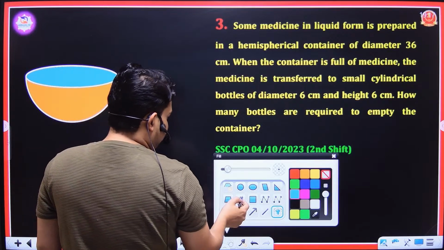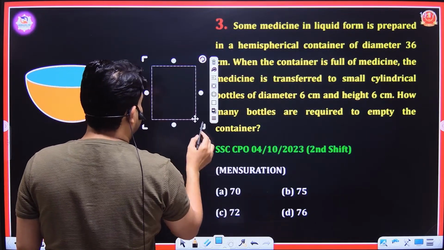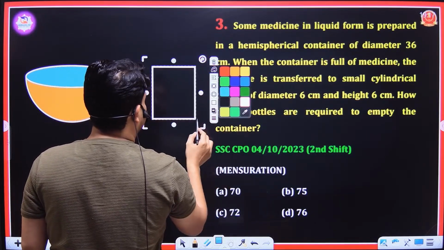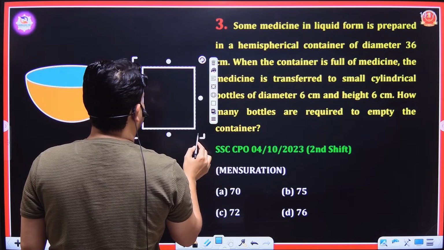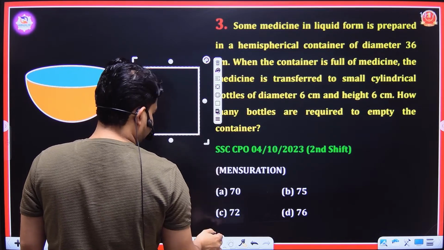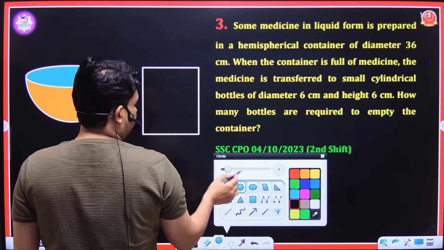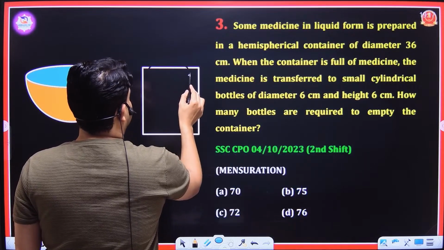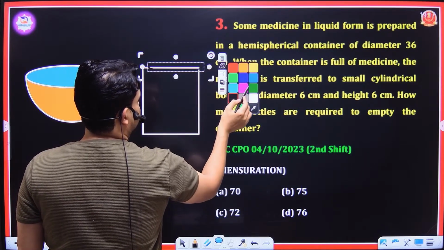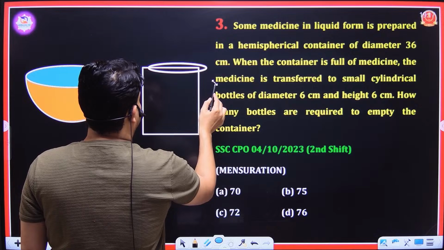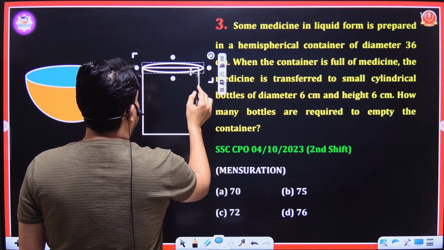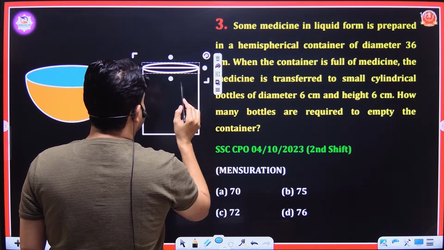So I will show you a cylinder. We have to pour all the medicine into such kind of cylinder.